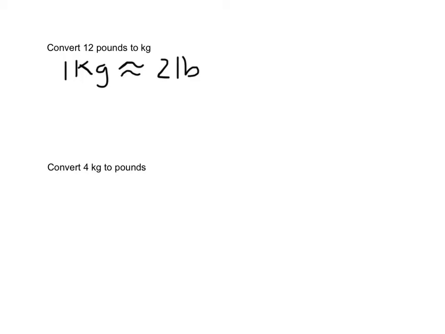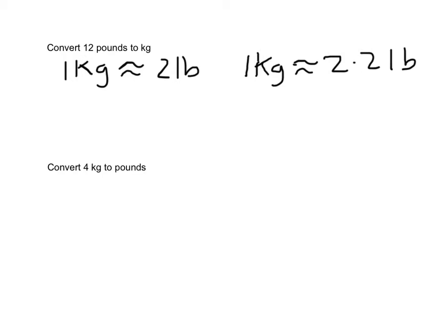Another approximation, which is a bit more exact, is that 1 kilogram, if we're being a bit more accurate, is more or less the same as 2.2 pounds. And which one we use depends on how accurate we want our conversion to be, and on the question itself, so what the question is asking us to do.